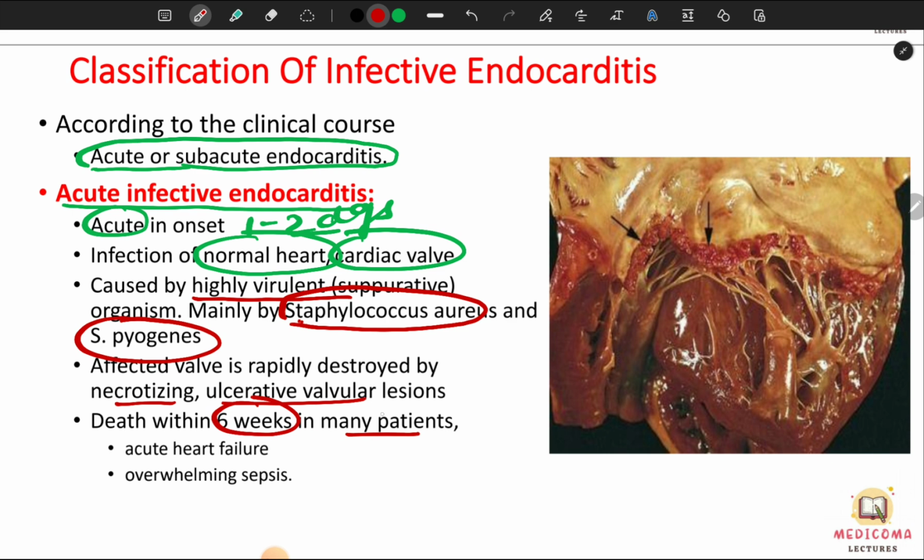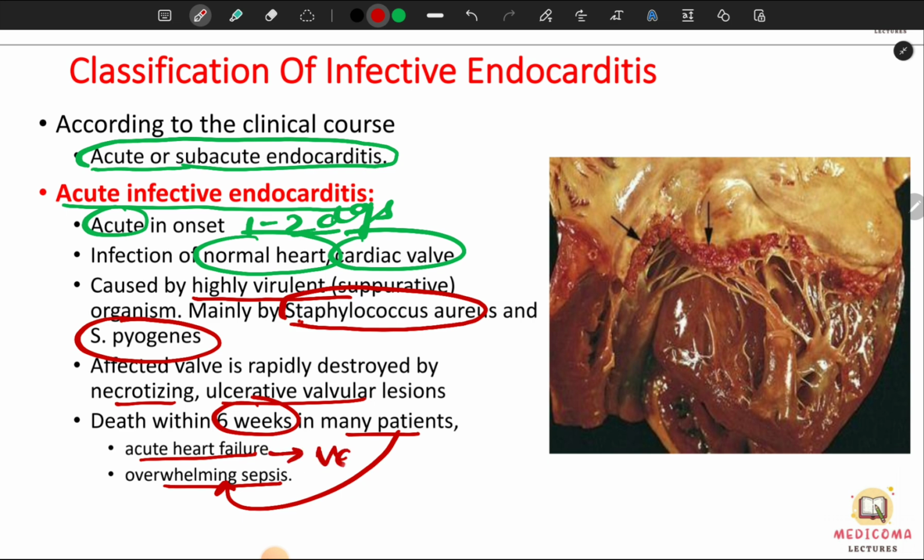Why can the patient die? The reasons are acute heart failure and overwhelming sepsis. Why sepsis? Because infective endocarditis can lead to heart valve regurgitation, and regurgitation can lead to heart failure.